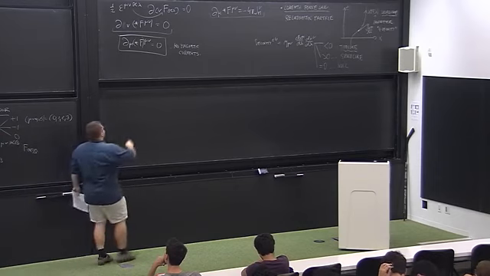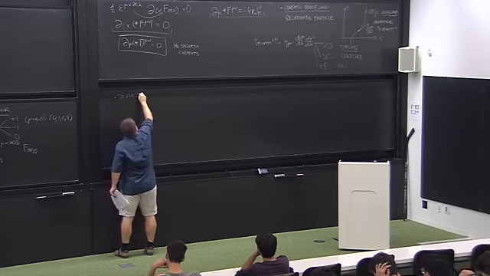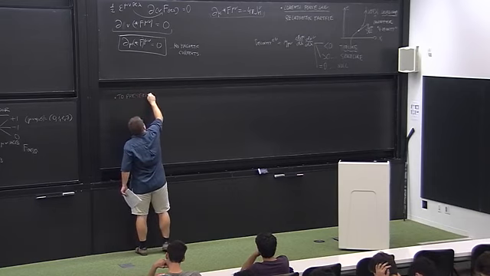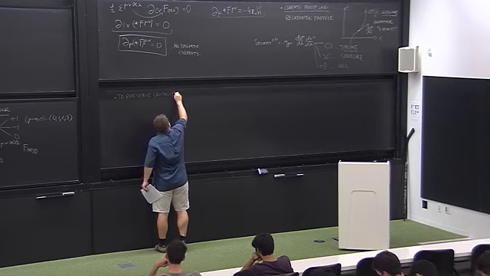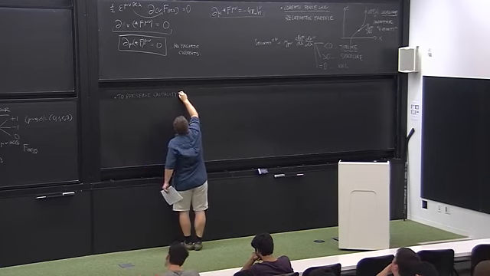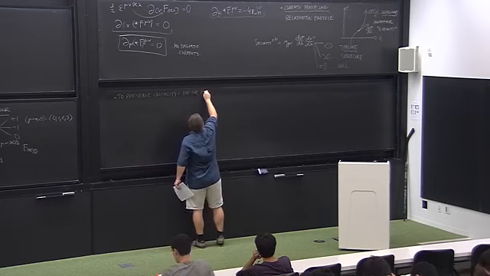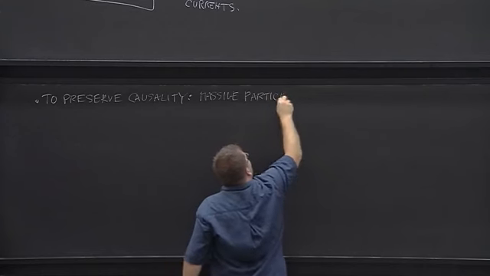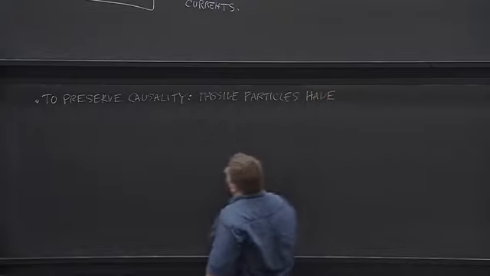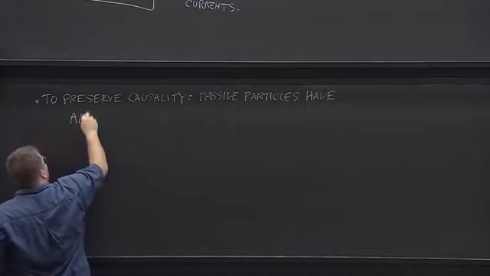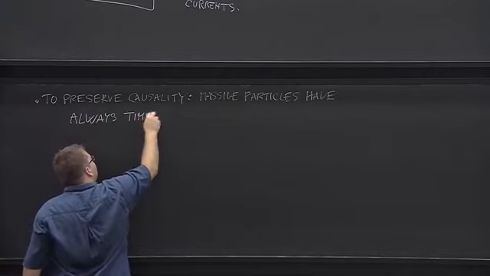So to preserve causality, massive particles always have time-like trajectories.